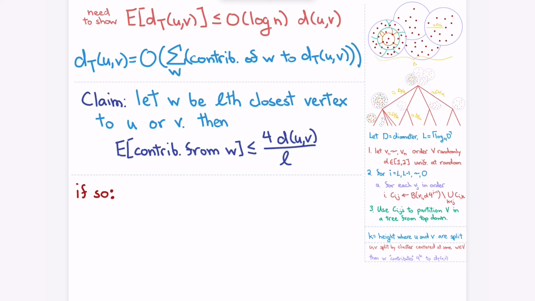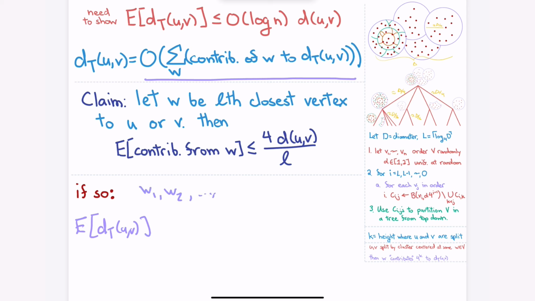Okay, so then we can just sum up over all the vertices, right? So I guess it's this thing here. If we number the vertices W1, W2, ... Wn by distance from U or V, then we're going to be summing up over i the expected contribution from Wi.